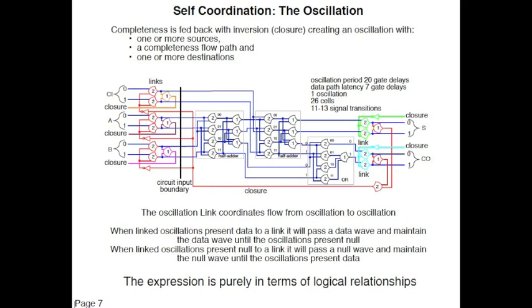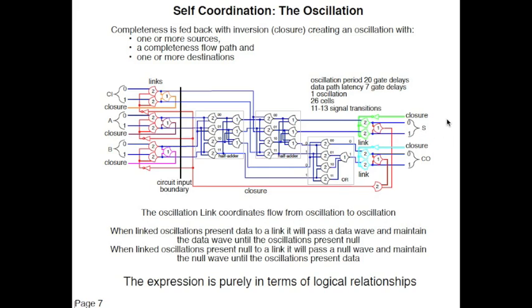So let's talk about the completenesses. Each completeness follows an enable rank. The completenesses here are saying a little bit more than the fact that this circuit is done with its data processing. It's also saying that the data wavefront has been passed on to the next oscillation. So we have a green oscillation here.